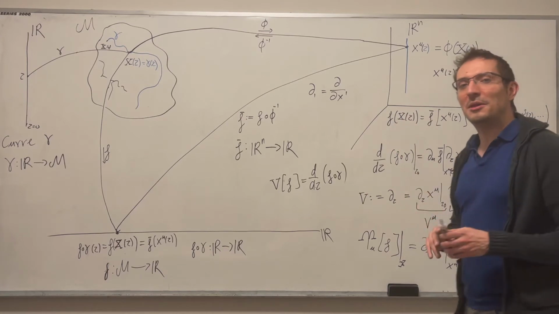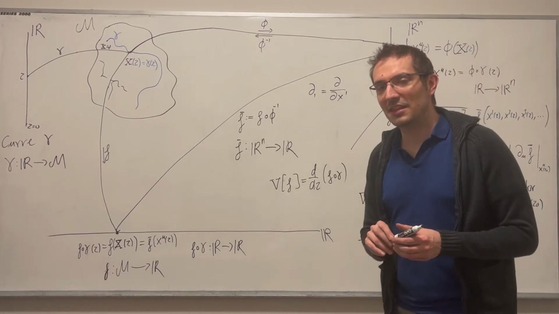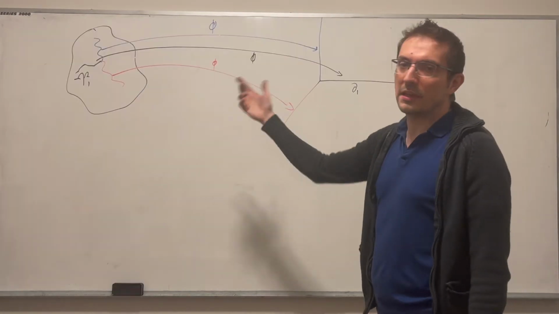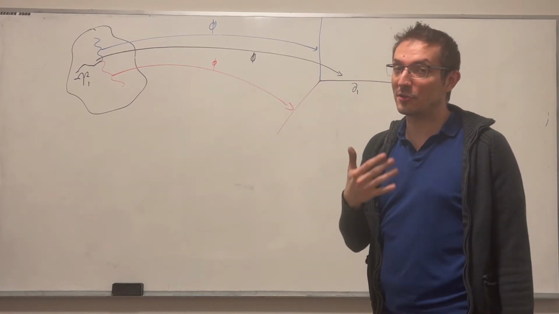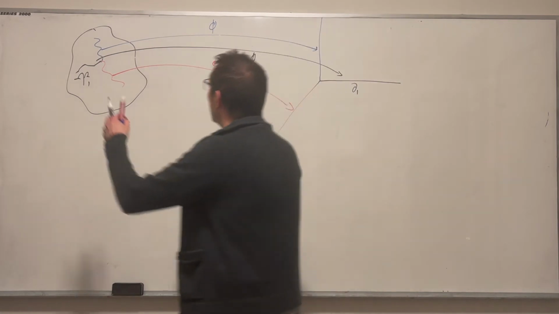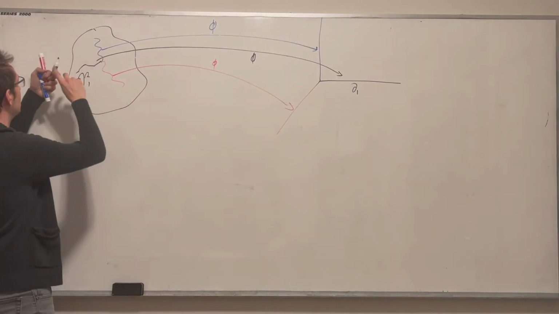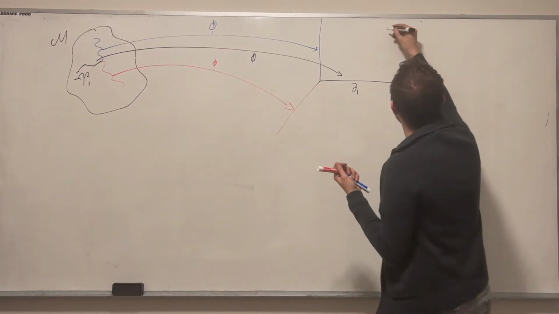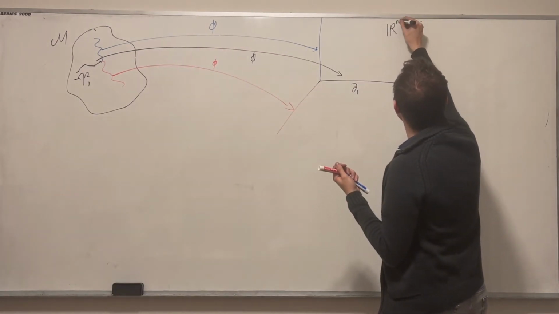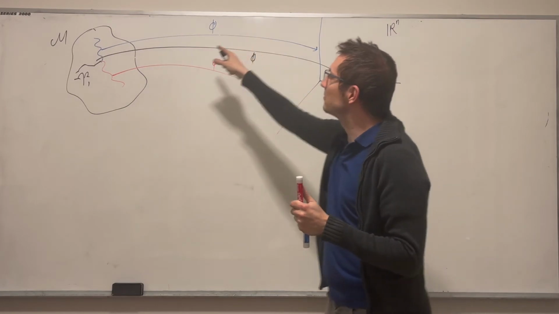Okay, let's talk a little bit about vectors and let's define the notion of tangent vector space. Here is a little plot just to help solidify the notion of coordinate curve. What are the coordinate curves? Well, they are the curves in the manifold that, when mapped through phi, give you the axes of the particular Rn that this phi maps to.